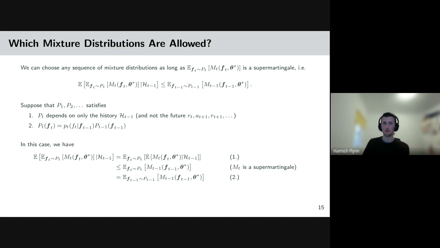So first of all, because pt doesn't depend on anything past ht minus 1, we can swap the order of the expectations. Then we can just use the fact that MT is a super martingale for any individual sequence FT. And then finally, we can use the fact that the marginal distribution of PT over FT minus 1 is exactly PT minus 1. And then we're done.